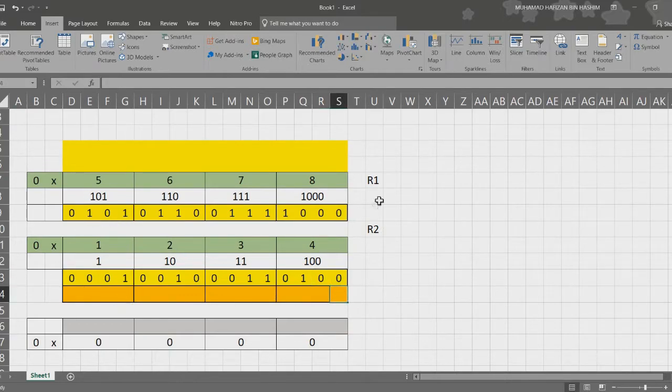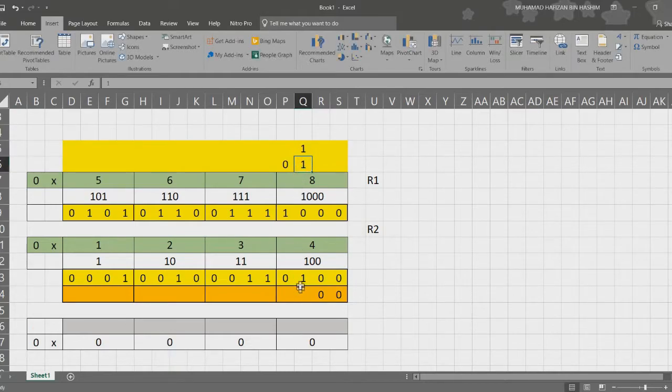So we subtract R1 with R2. 0 minus 0 gets 0. 0 minus 0 gets 0. 0 minus 1, we borrow from this side. Here we get 0, and here we get 1 and 1.